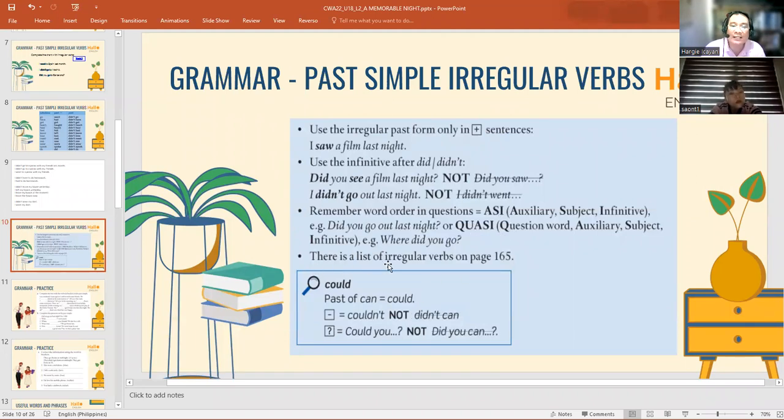There is a list of irregular verbs on page 165. For example, the past of can is could. The negative is couldn't, not didn't can. In a question, we use could, for example, could you please get me a glass of water?